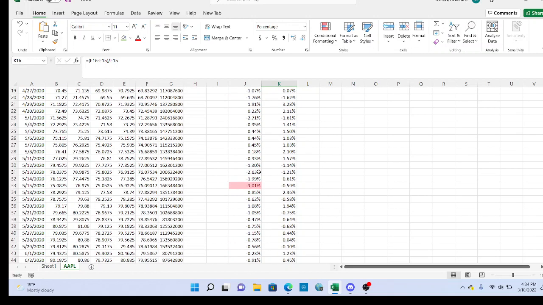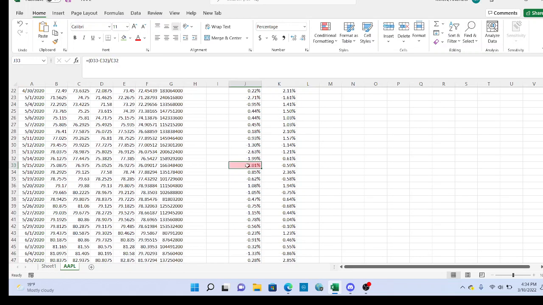Now let's go down a little bit further. On the 15th of May 2020, we fell 3% from the low, and then we regained about 2.5%, and then we just closed negative 0.59%.